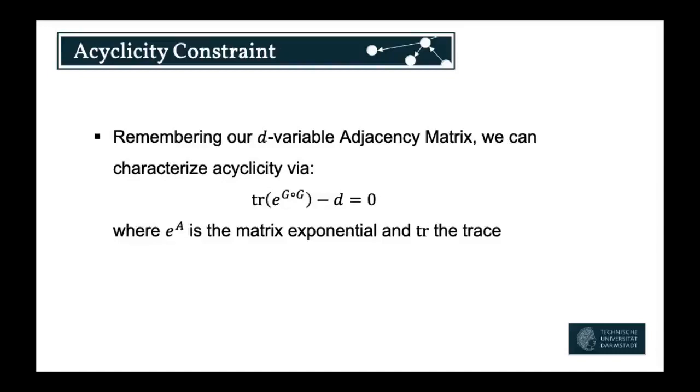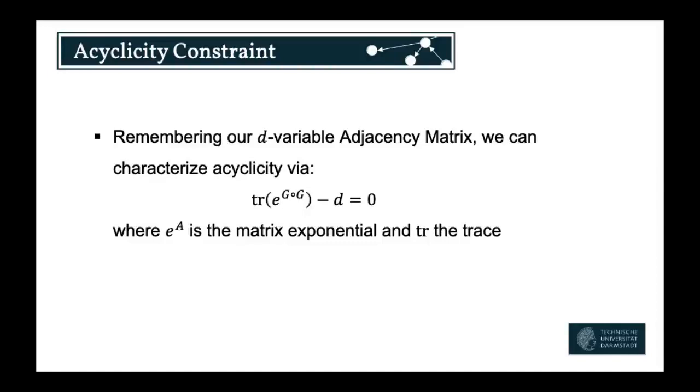Then we can formalize a so-called acyclicity constraint. It's this analytical characterization where this is the matrix exponential. It's a specific formula, e to the power of A, and that's different from A to the power of K. And tr is just the trace operator.